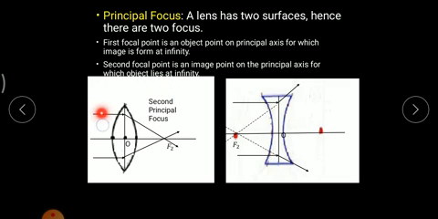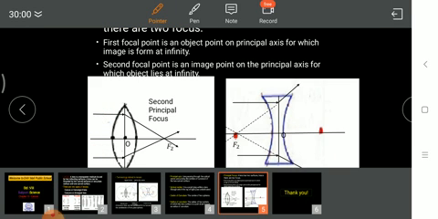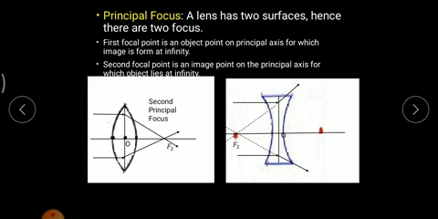As you can see, these rays are coming from infinity. You might have known about this word infinity. So whenever rays of light are coming from infinity, they will converge at one particular point. That particular point is an image point. And more precisely, we say this as the second principal focus.